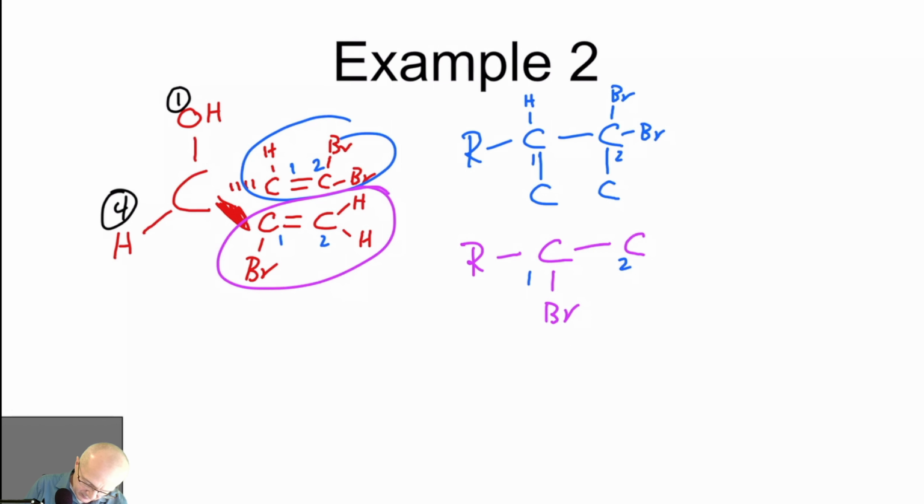And carbon number 2 has 2 hydrogens on it, right? There we go. And let's change something real quick. Let's put the bromine up here. And let's put this carbon here. There we go. Make it a little cleaner.